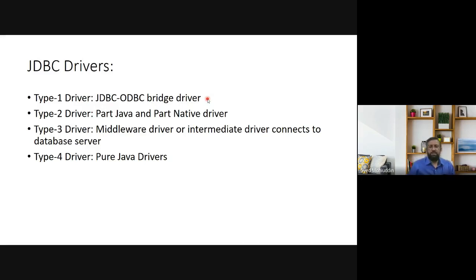The second type of driver is the part Java, part native driver, or what we call type 2 drivers. The third type of driver is an intermediate driver, or it uses an intermediate data access server. And the fourth type of driver is the pure Java driver, or the drivers written in pure Java language.